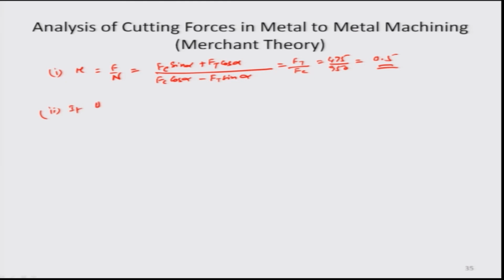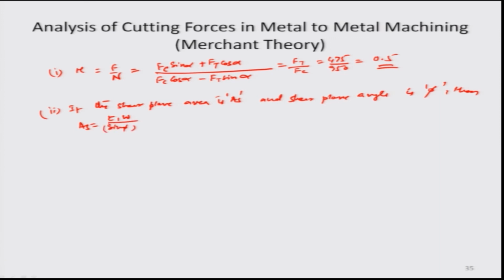If the shear plane area is AS, let us say, and the shear plane angle is phi, then we have AS equals T1 W by sine of phi, that is, the uncut chip thickness times the width of the cutting zone, and the component T1 by sine phi along the shear plane.